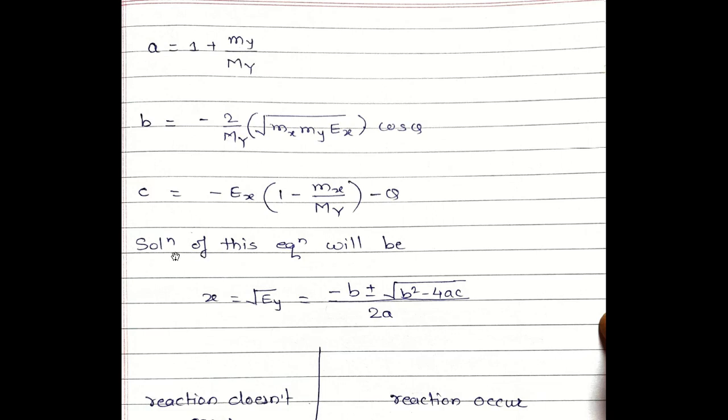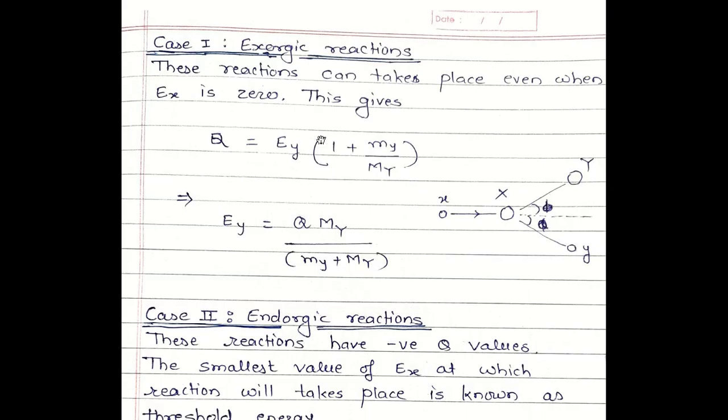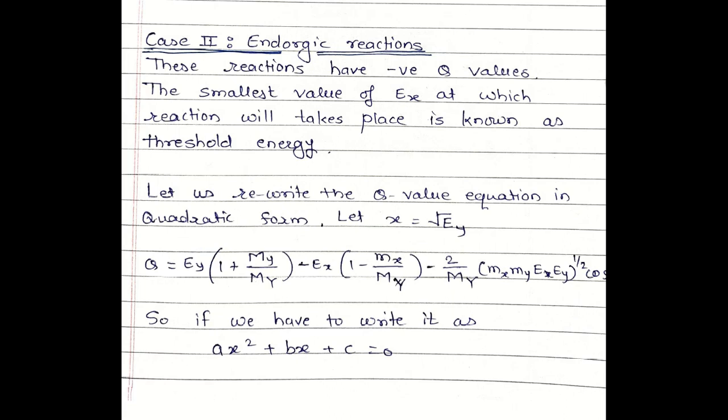The solution of this type of quadratic equation, we know well, is x equals minus b plus minus root of b square minus 4ac divided by 2a. These two solutions we will obtain for this particular quadratic equation we have considered, right?